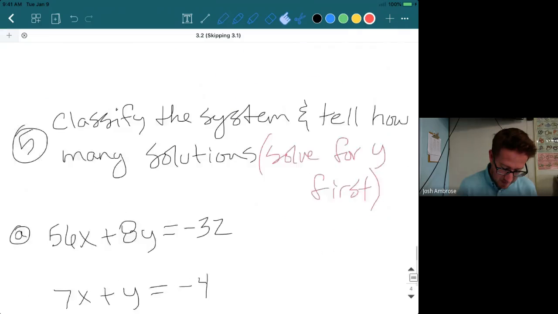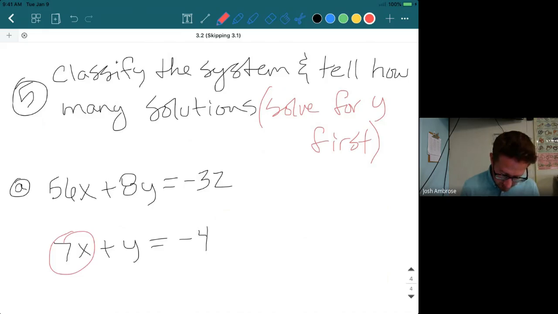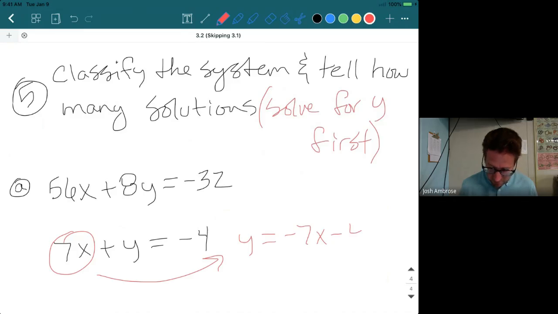All right, let's do our very last one here. So we need to classify the system, meaning we need to solve for y first, then determine what are we looking at here. Do we have same slope, different slope? What's left? All right, so the first thing we would do is you take that guy, move it over here. That creates y equals -7x minus 4. So that equation is done.